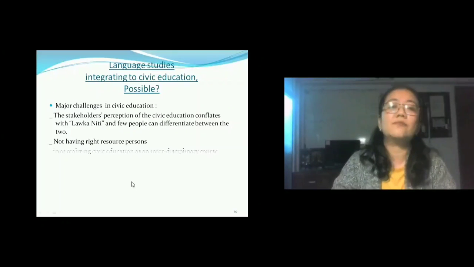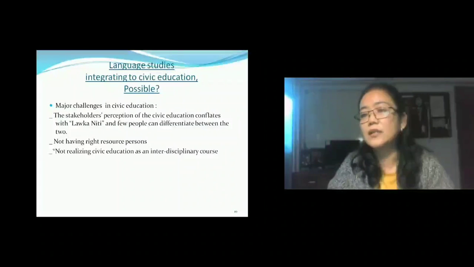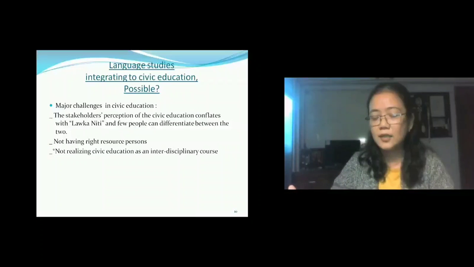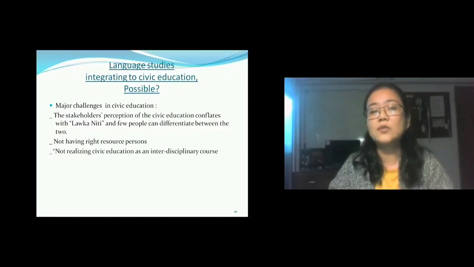Next is totally about the content area. When I discuss with some teachers, some are interested in delivering a civic education class, but the question is, what do we need to teach there, if we are running our own civic education training or program?